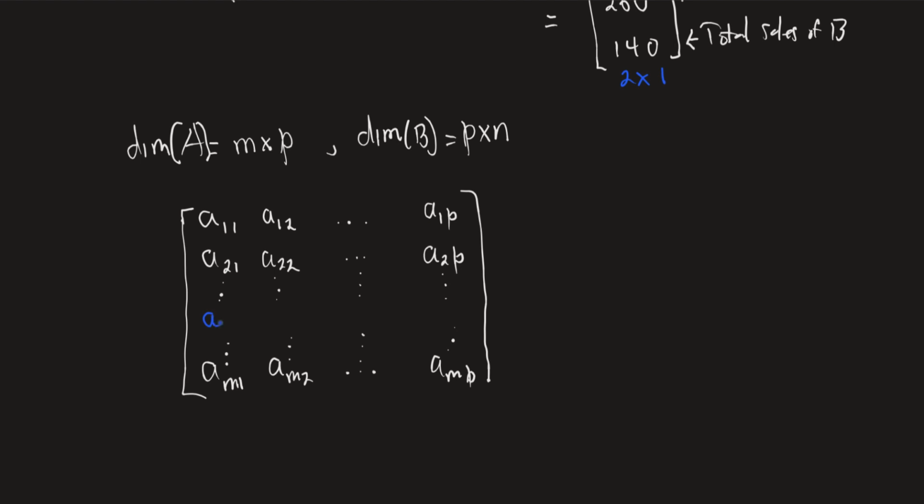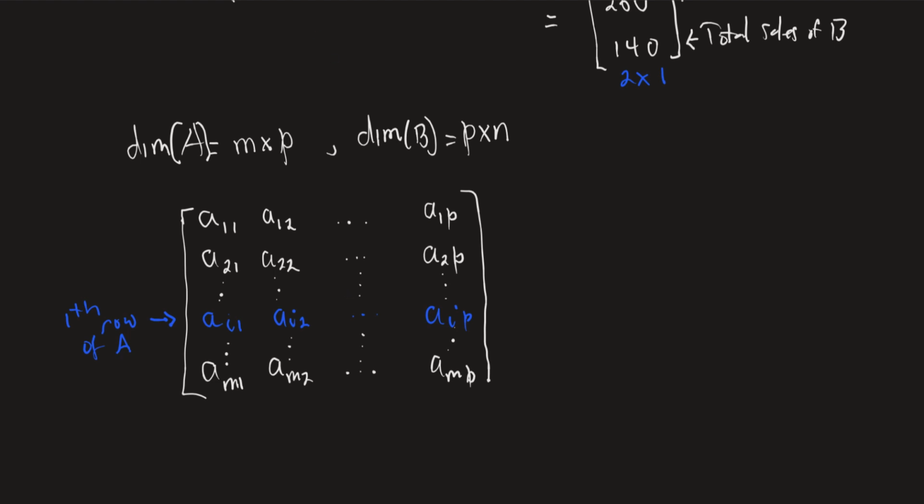So this will be AI1, AI2, and then AIP. And this is what we're going to call the ith row of matrix A. Right, so just kind of the general. So if I is equal to 1, it would be at the top here. If I is equal to M, it would be at the bottom here, but this is the ith row, right?